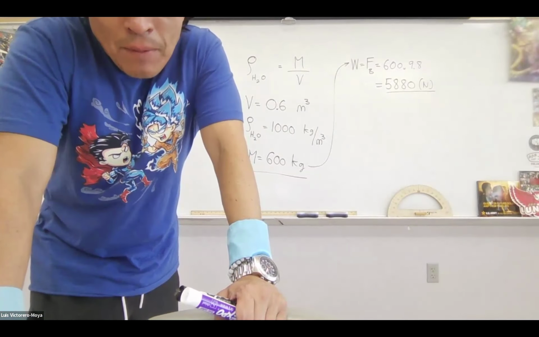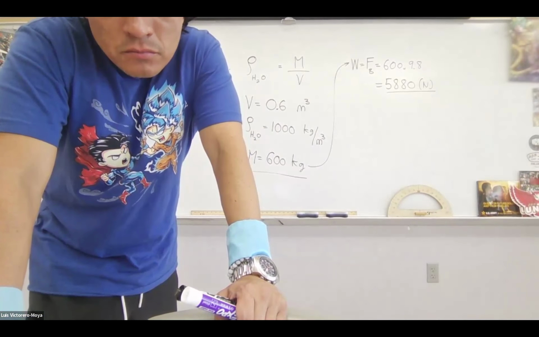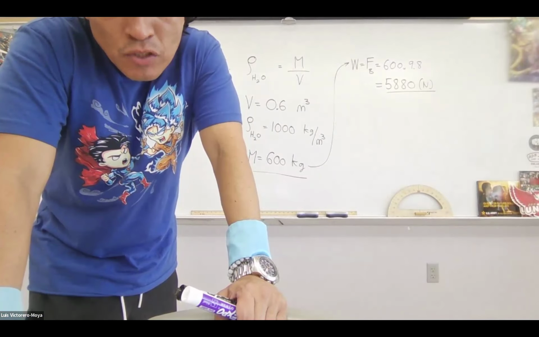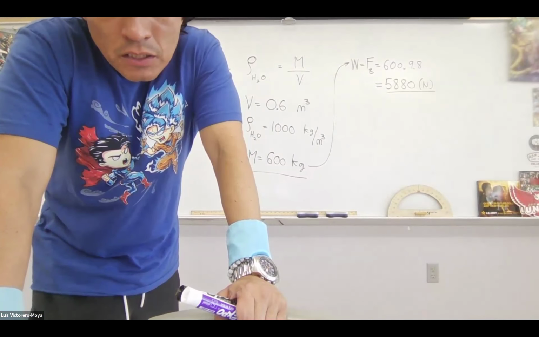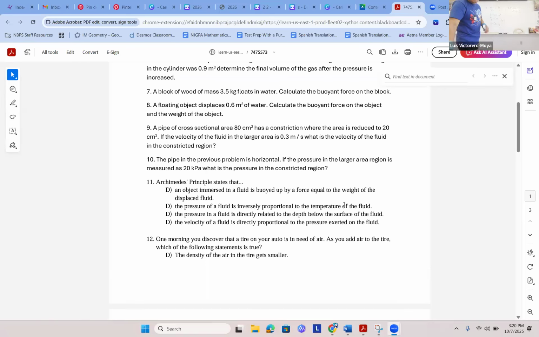Okay, now let's do a Pascal principle. Let's do number 9. Look at number 9 here. A pipe of cross-sectional area 80 centimeters squared has a constriction where the area is reduced to 20 and the velocity of the, okay, so that's the continuity equation.